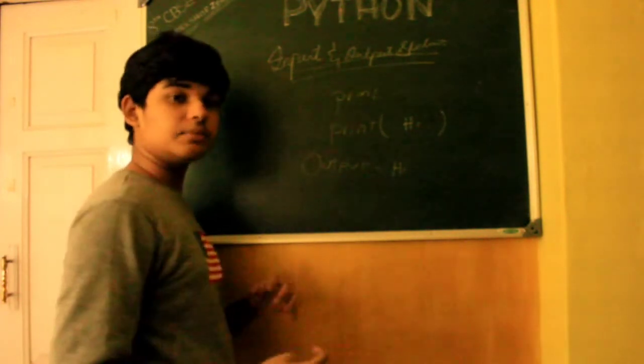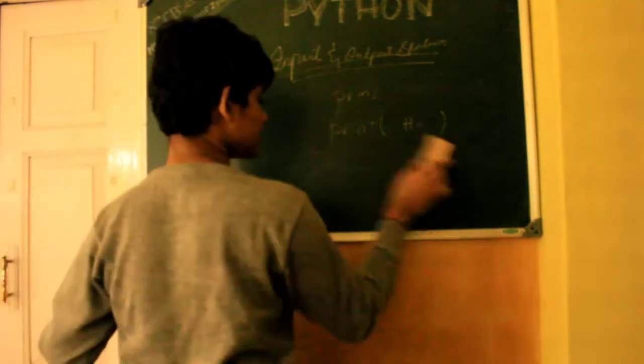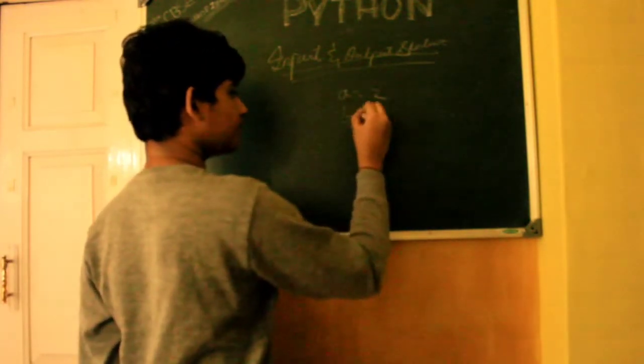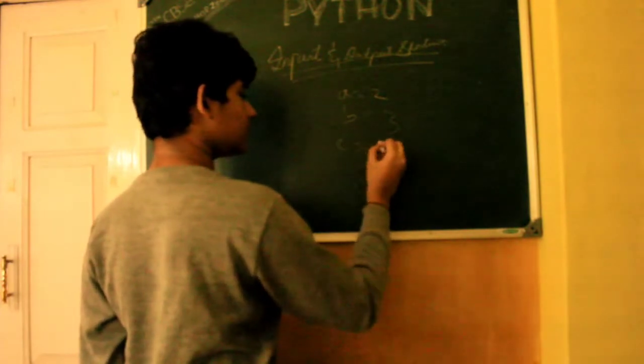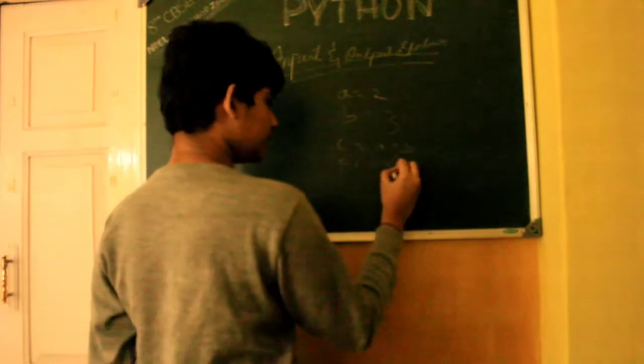Now if you're writing something like an addition code, for example, a is equals to 2, b is equals to 3, c is equals to a plus b, print c.